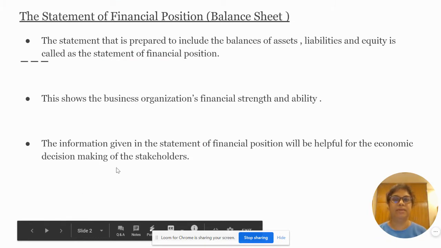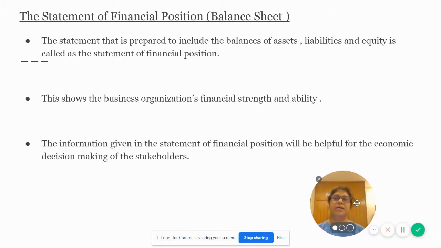Let's see what the statement of financial position is. The statement of financial position under the old syllabus is also known as the balance sheet. But now, since we are preparing it in the statement form, we have given the name, the statement of financial position. And we'll stick to that and we'll learn about the new format.